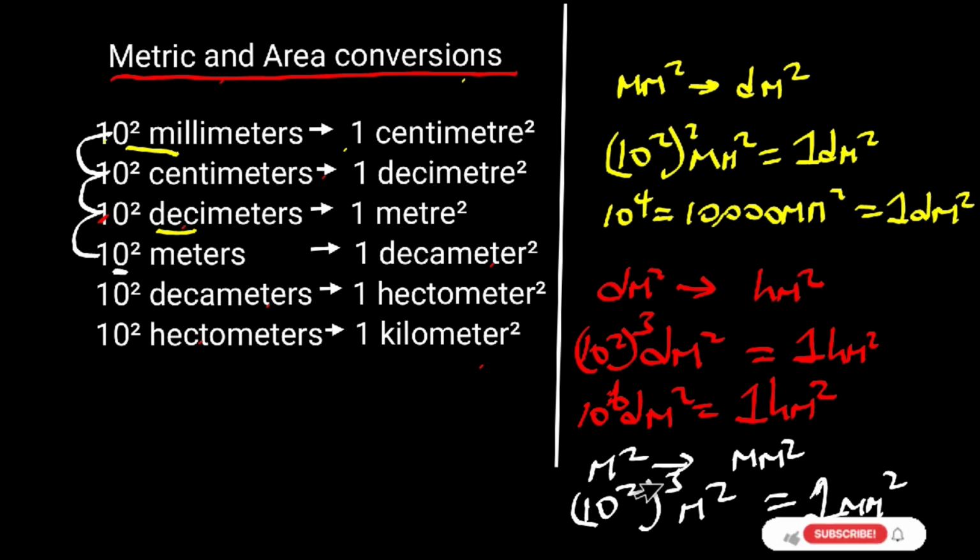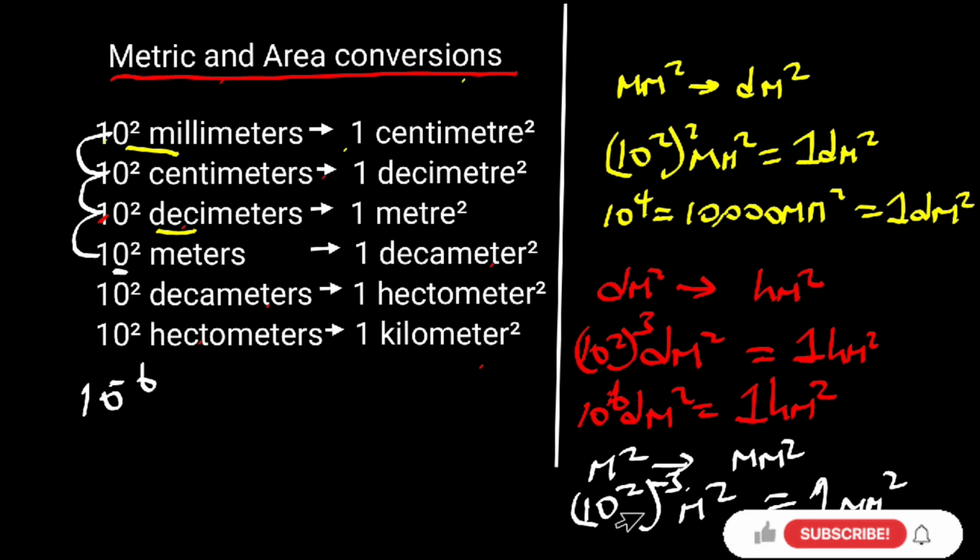Now this is going to be negative 3, because we are counting upwards. We are moving from higher units to lower units, so it's going to be negative 3. So 10 squared raised to the power negative 3 square meters equals 1 square millimeter. So it's going to be 10 raised to the power negative 6, because 2 times 3 is 6, square meters is equal to 1 square millimeter.